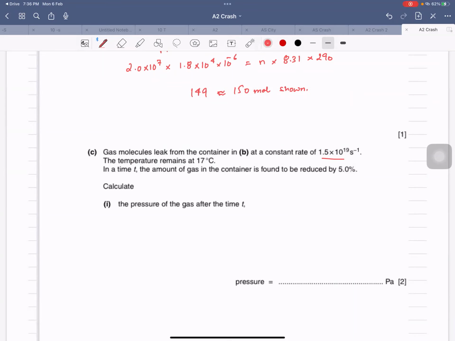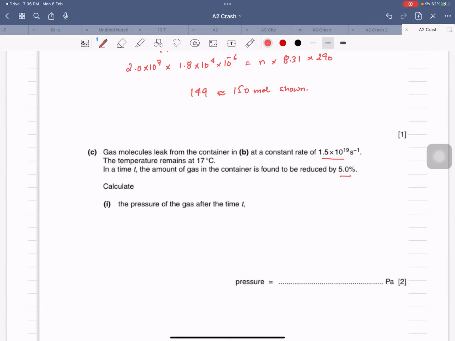In time t, the amount of gas in the container is found to be reduced by 5%. What are they talking about? What amount? Is this moles? This is moles, right?